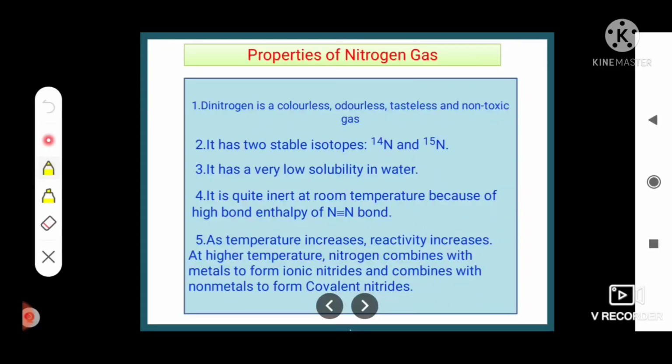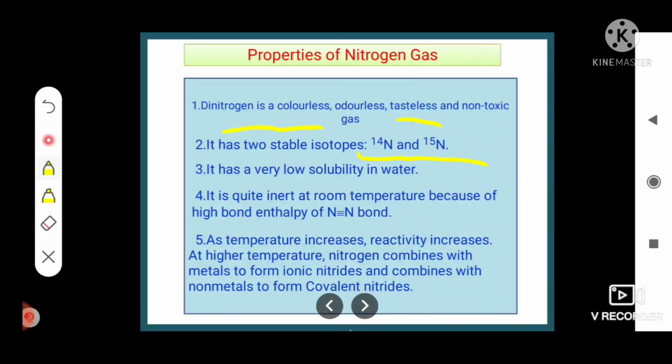Now the properties of nitrogen gas, that is dinitrogen N2. Dinitrogen is a colorless, odorless, tasteless and non-toxic gas. It has two stable isotopes, N14 and N15.